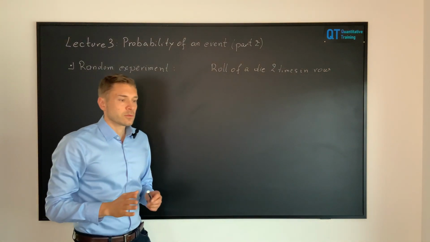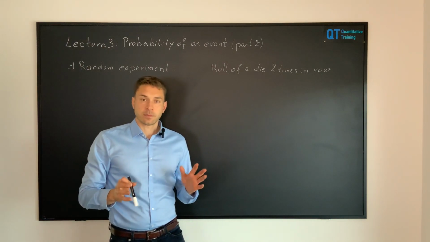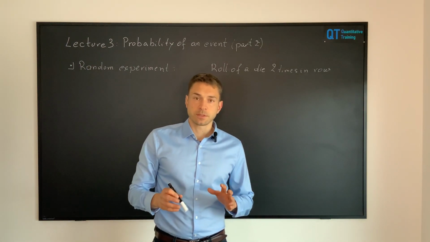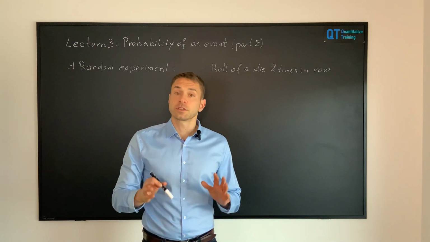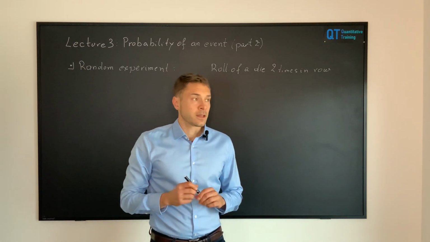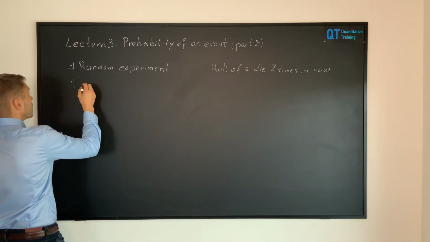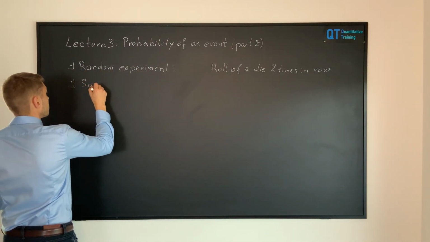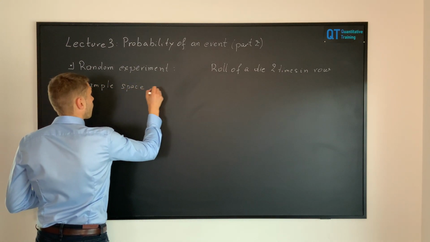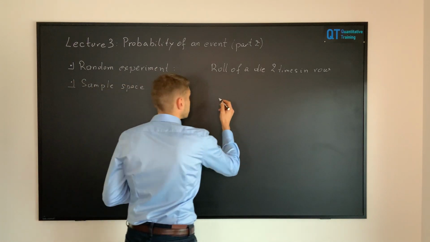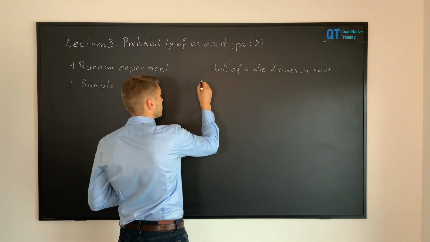This time, we obtain a different sample space, of course, and this time the sample space contains not only 4 different elements, but 36 different elements. So the sample space of this particular random experiment has 36 elements. Let's call the sample space S.